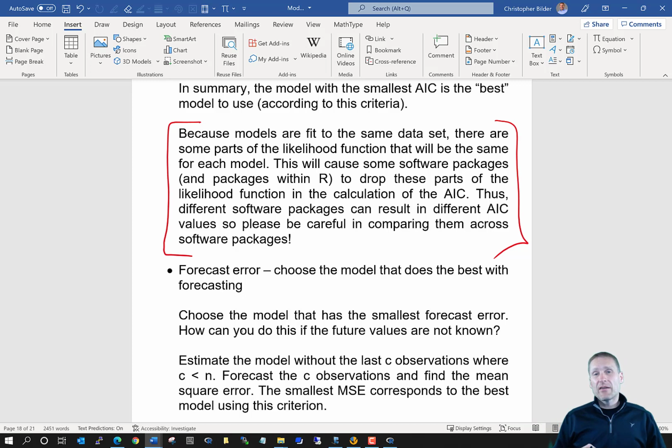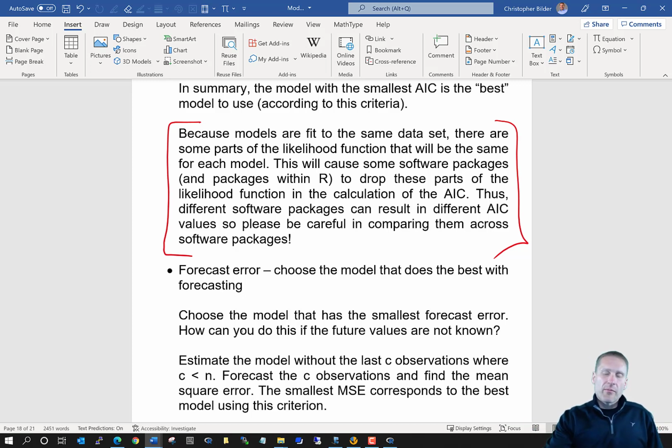The reason is because there are numerical constants in that likelihood function that are not going to change from one model to the next. So some packages will actually drop those constants, and so in the end they're not actually using the log likelihood function itself, but something that's proportional to it. So you might be wondering, what are these constants?